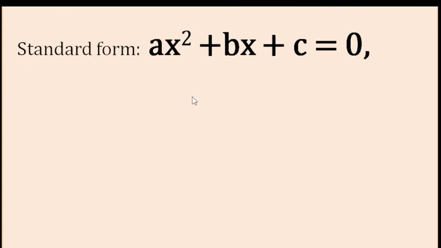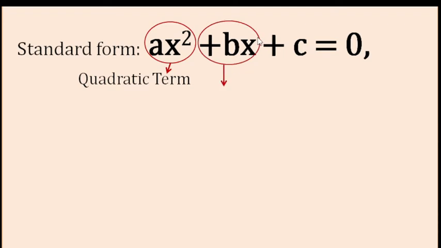Now, we have here the standard form of the quadratic equation. So ax squared plus bx plus c equals 0. This first term with exponent 2 is what we call the quadratic term. And the second term here, with x and exponent 1, understood there's exponent 1, is what we call the linear term.